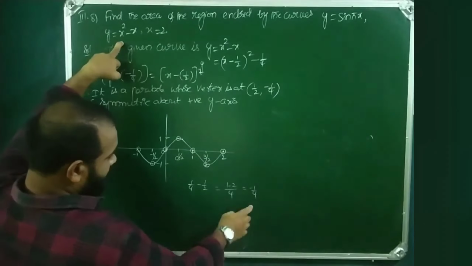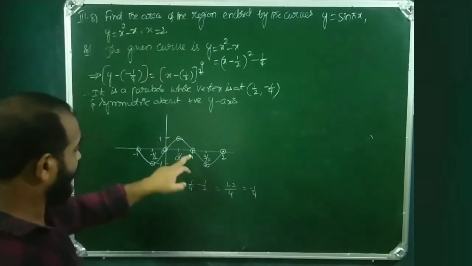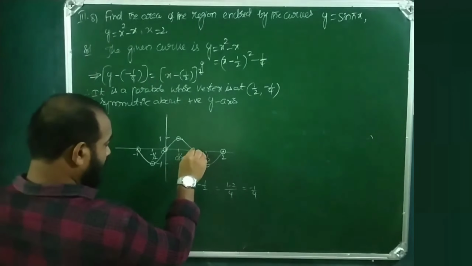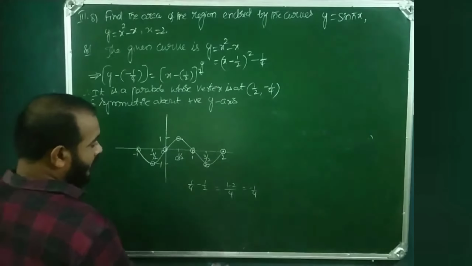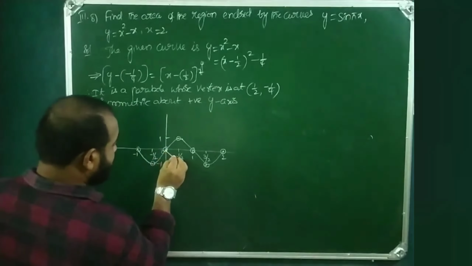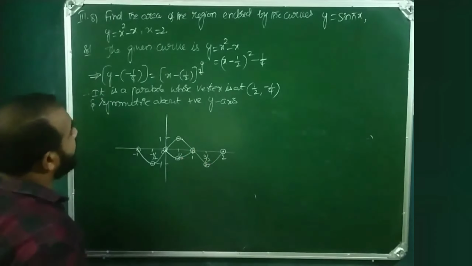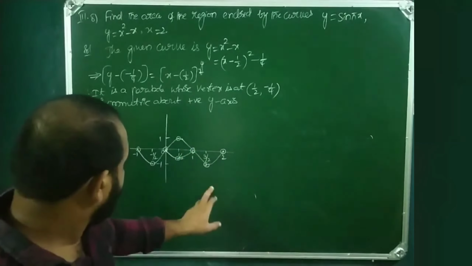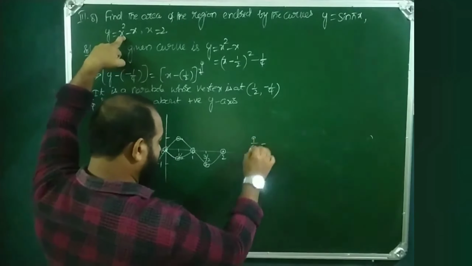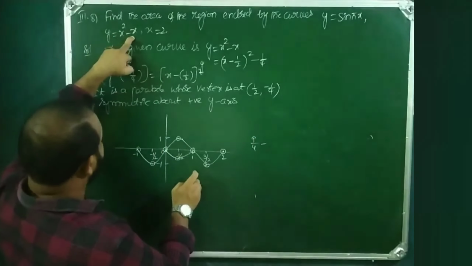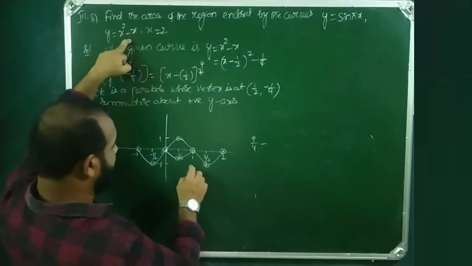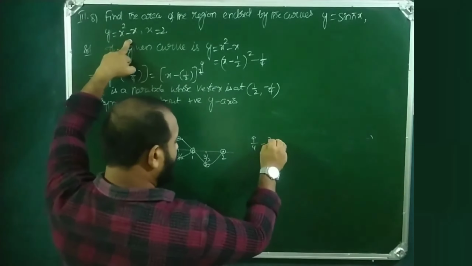Next step. 1 you substitute. 1 square minus 1 is 0. Next step, 3 by 2 you substitute. 3 by 2 whole square is 9 by 4 minus x value 3 by 2.